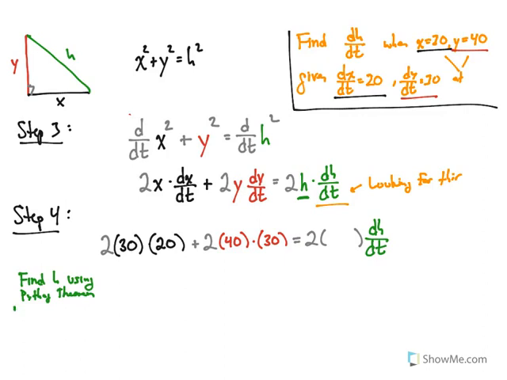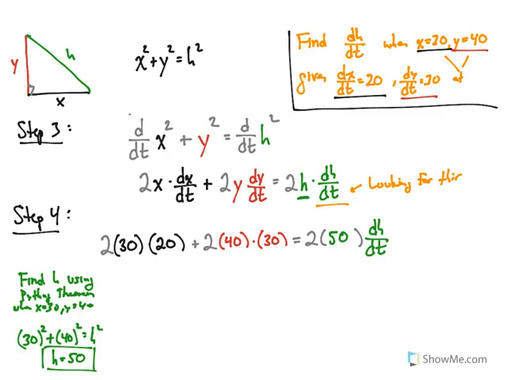When x equals 30 and y equals 40, we have 30 squared plus 40 squared equals h squared. And that's going to give us that h is going to be equal to 50 when you do all of that out. You have to do a little bit more work to plug in all the values there. So let's do everything now.